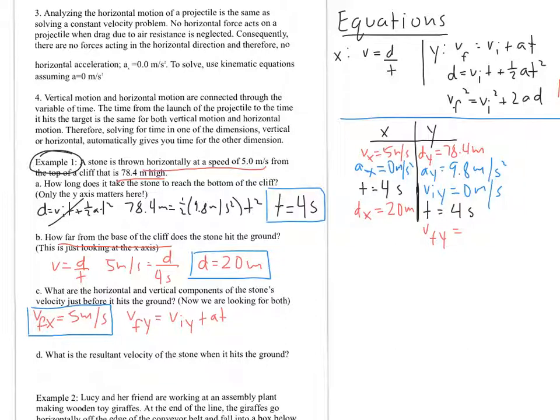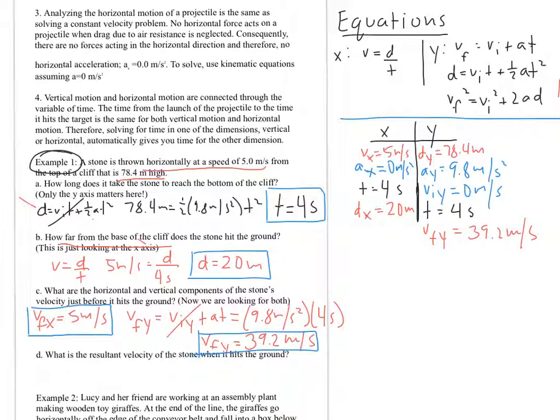Okay, v_f is what we're solving for. This crosses off to 0, so we're just left with 9.8 meters per second squared times time, 4 seconds. Therefore, our v_fy is about 39.2 seconds. No, meters per second, my mistake. So 39.2 meters per second.